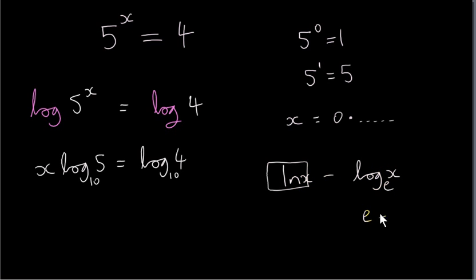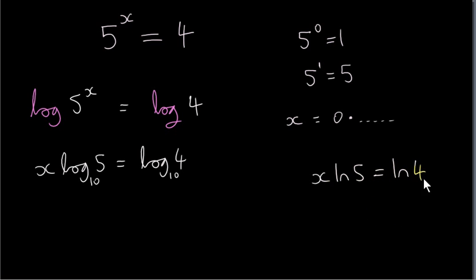E is about 2.7. It's an irrational number, but I won't discuss this in this video. I'll discuss that in the videos on calculus. But we could of course use it here. So ln just means log to the base e. I'll use this one. Actually, I'll use both of them.